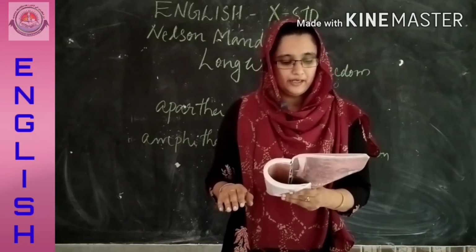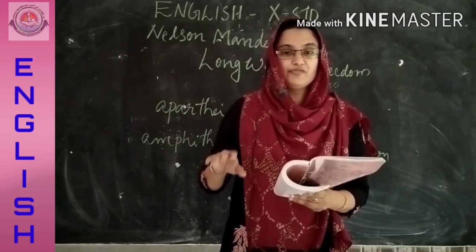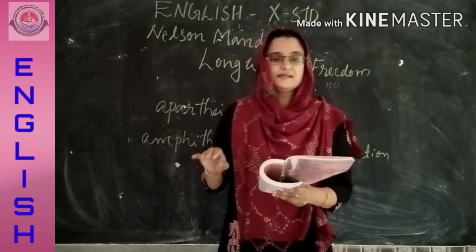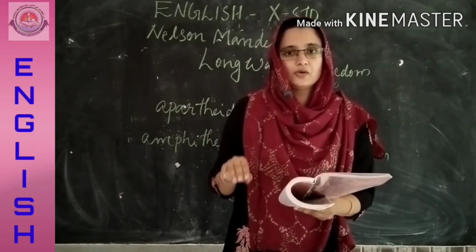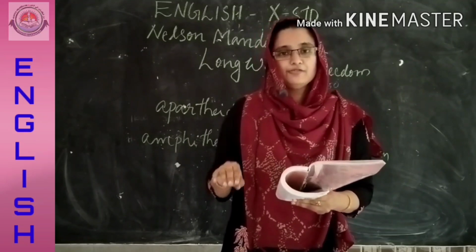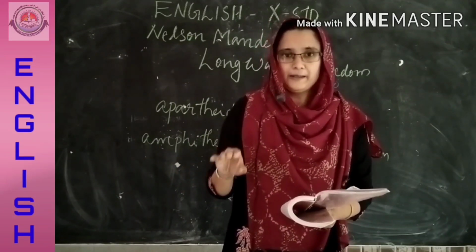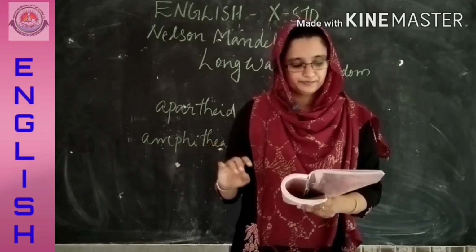A common victory of justice, a victory for peace, and a victory for dignity. Understood? So he considered it the victory of everyone. This is not only the victory of black people, this is the victory of all the people in the world.